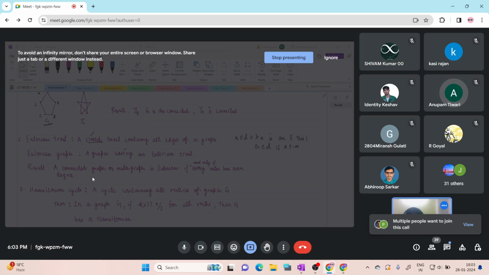So basically, if you want to see whether the graph has an Eulerian trail or not, you just need to look at the degree of each vertex. If the degree of each vertex is even, then from that result we can directly conclude that the graph is Eulerian. So that is the condition. Is it clear? Yes, ma'am. Okay. Now if the definition of Eulerian trail is clear, we can move on to the questions.